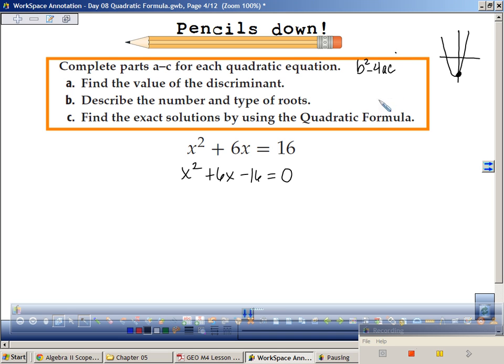Make sense? Okay, so when I put b in, we have a equals 1, b equals 6, c equals -16. So b squared would be 6 squared minus 4 times 1 and -16. 36. What's -4 times -16?